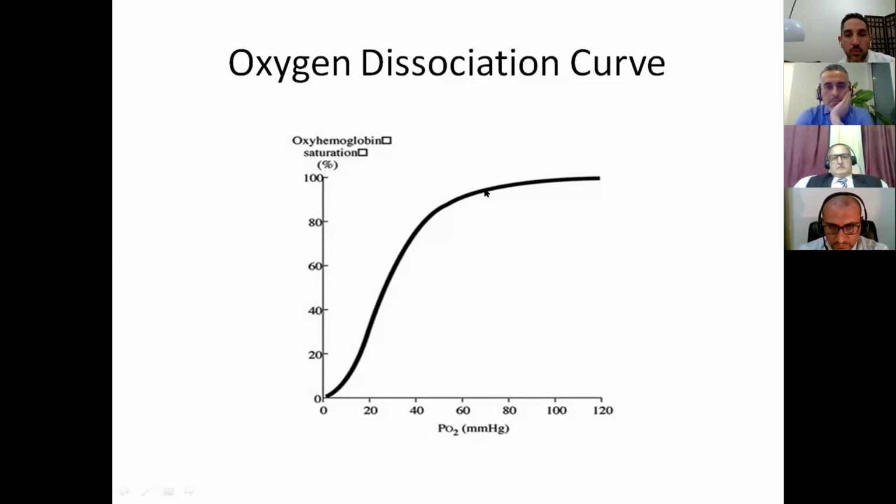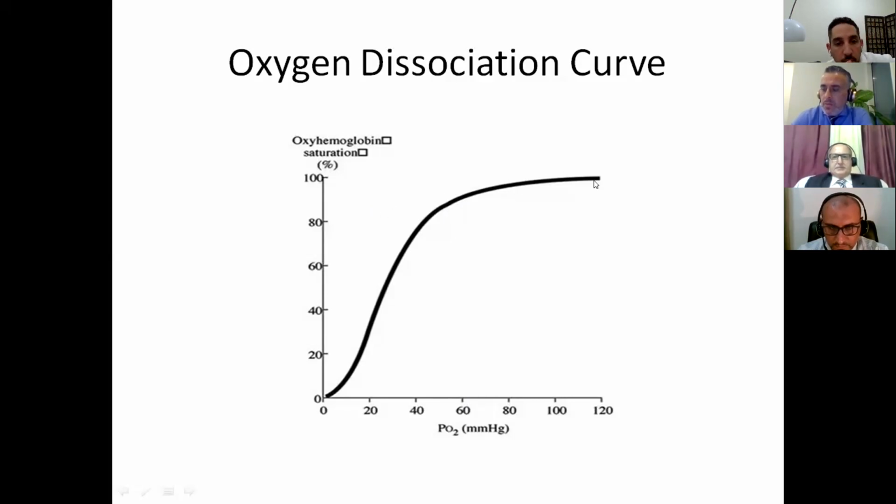When the PaO2 starts falling below 70, it goes into the areas where you have saturations of 90, 85, 86, 87, 88, 89. So 60 is the cutoff for calling it respiratory failure. If you have a PaO2 of less than 60, it is called respiratory failure. That corresponds to 80, 85 on your saturation.